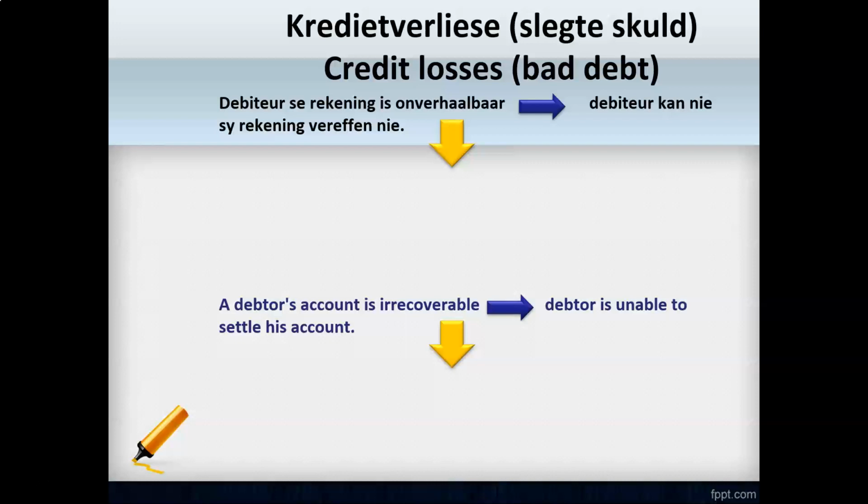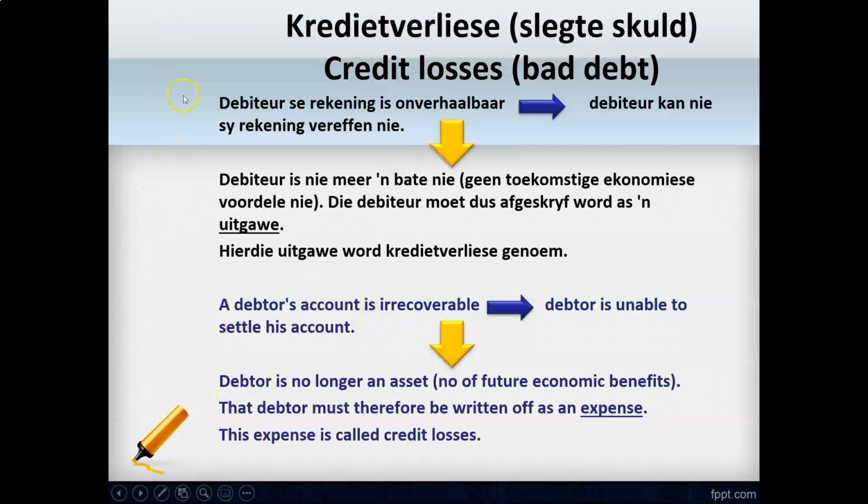If you're going to write off this outstanding debt, you're going to create a new account, which is an expense account, and we call that account credit losses. Credit losses written off, credit losses, an expense account. So you're going to credit a debtor's account, let's say with 1,000 Rand, and you're going to debit an expense account with 1,000 Rand.